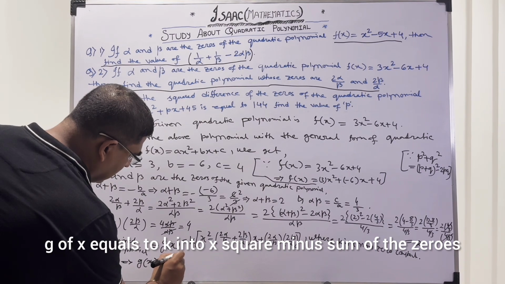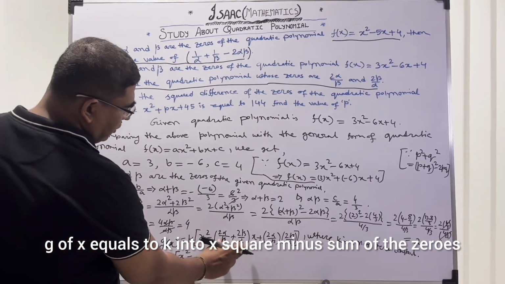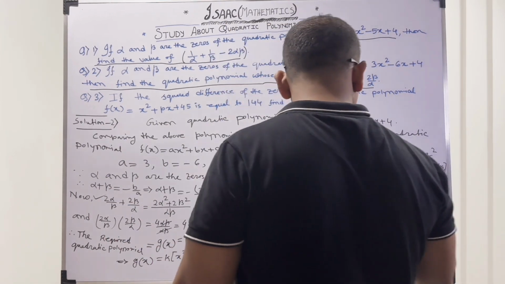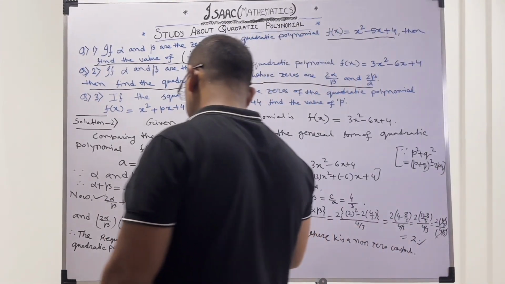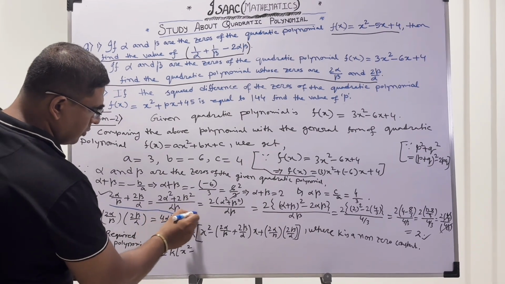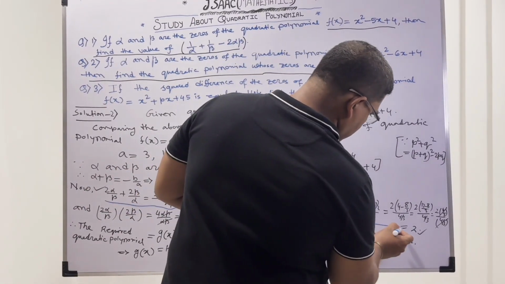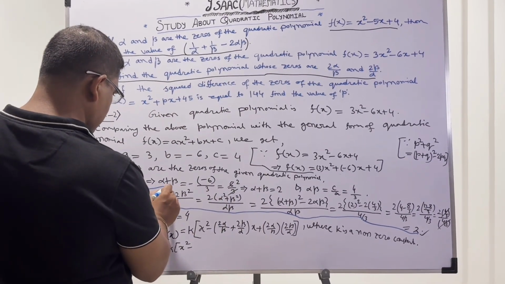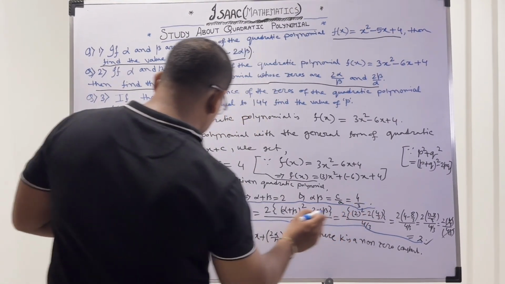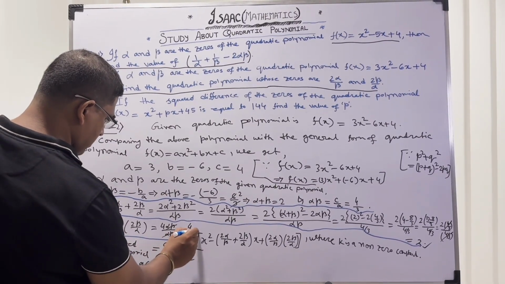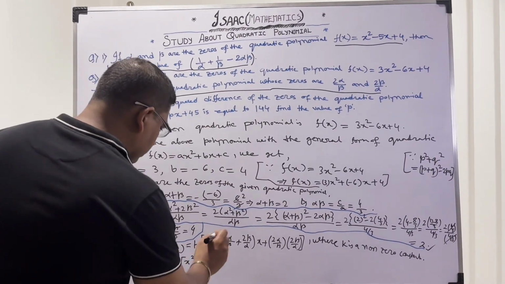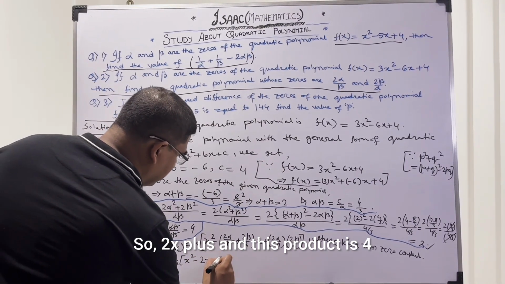So this implies g of x equals k into x square minus the sum of the zeros, that is 2 alpha by beta plus 2 beta by alpha, which is 2, so 2x, plus the product, which is 4.